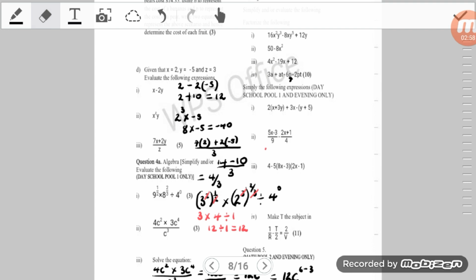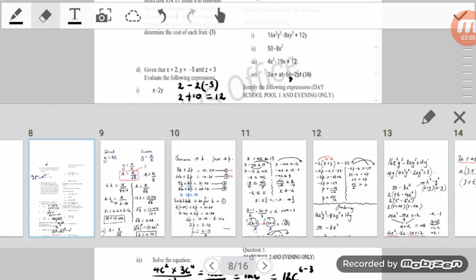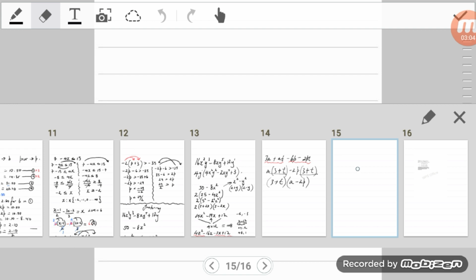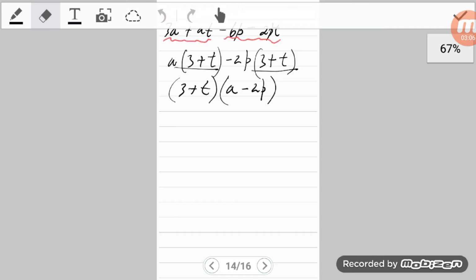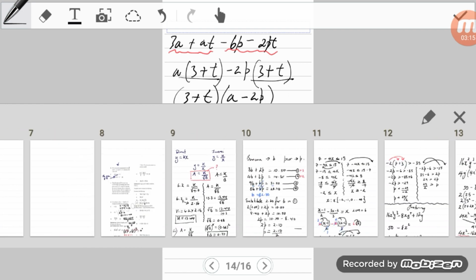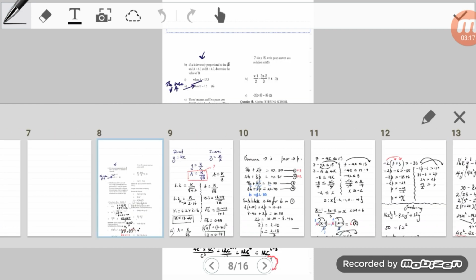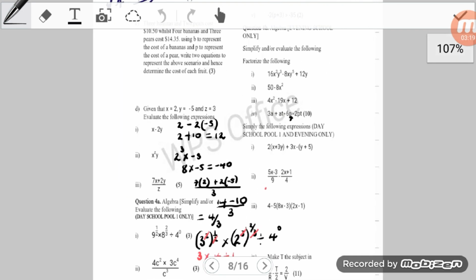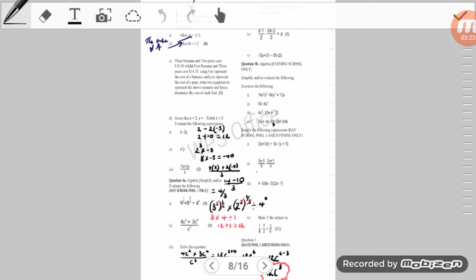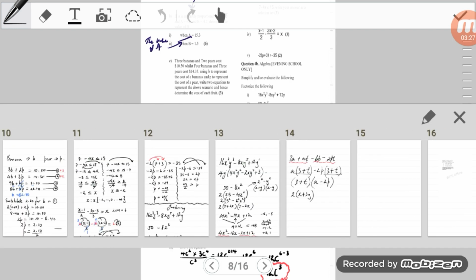So we have here 2 open bracket x plus 3y, and that's going to be added to 3x take away open bracket y plus 5 in bracket.